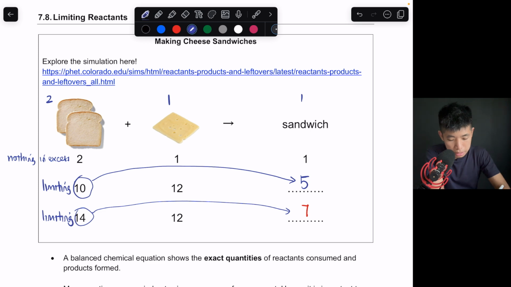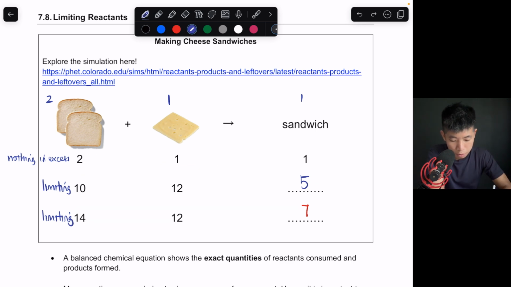Okay, and the third thing I want you to take note of is that the limiting reactant is not necessarily the one that has a smaller quantity. What do I mean? If you compare the examples here, let's name this example 1, example 2, example 3. If we look at example number 2, I have 10 and 12. 10 is the smaller number. In example 3, I have 14 and I have 12, yet 14 is still the limiting reactant.